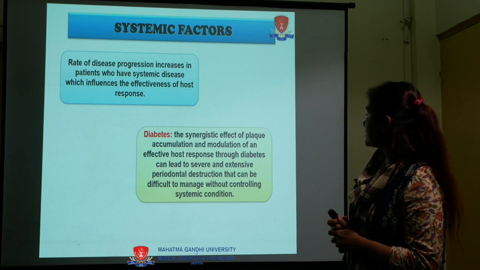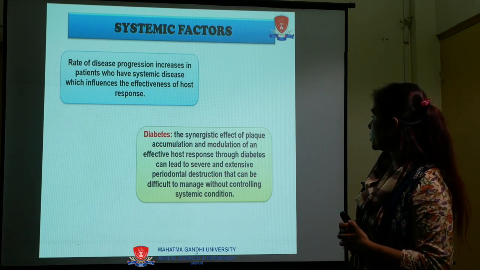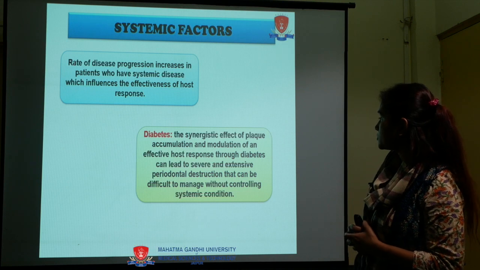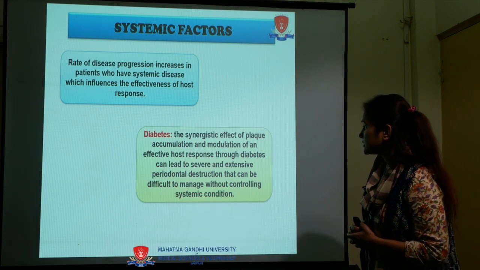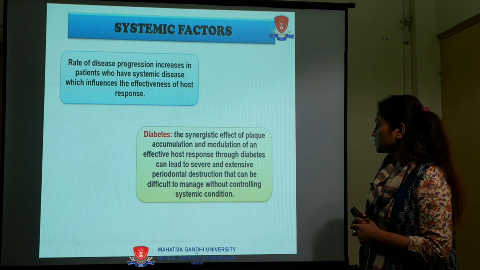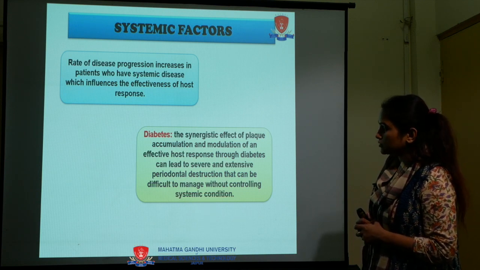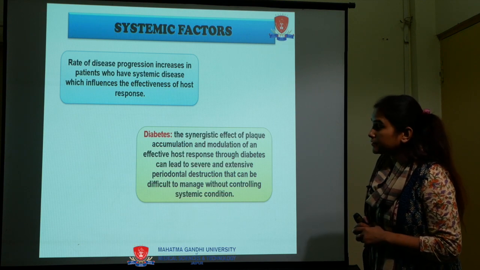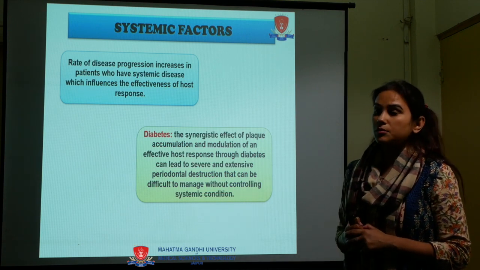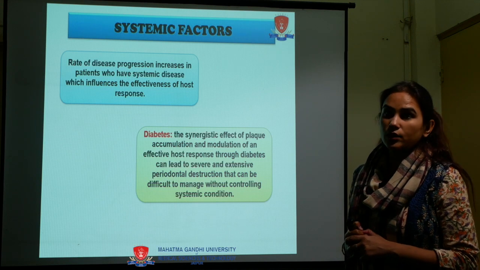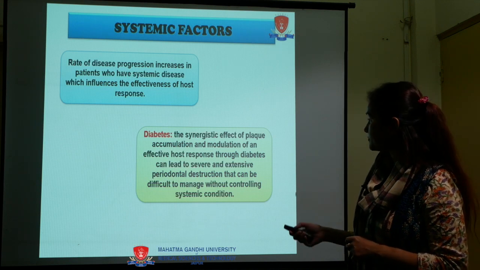The synergistic effect of plaque accumulation and modulation of an effective host response through diabetes can lead to severe and extensive periodontal destruction that can be difficult to manage without controlling systemic conditions. So there is a bidirectional relationship between diabetes and chronic generalized periodontitis.